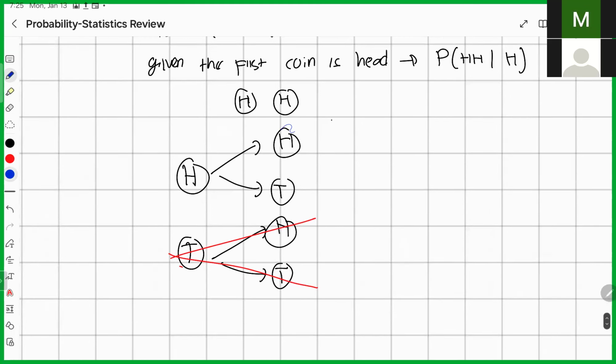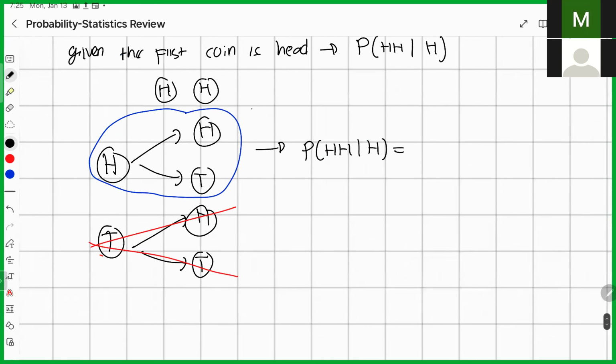So we only have this. Therefore, the answer will differ in terms of the denominator here. We only have one possibility that might emerge. Instead of 4, you can use 2. So this is 0.5. That's exactly the condition.